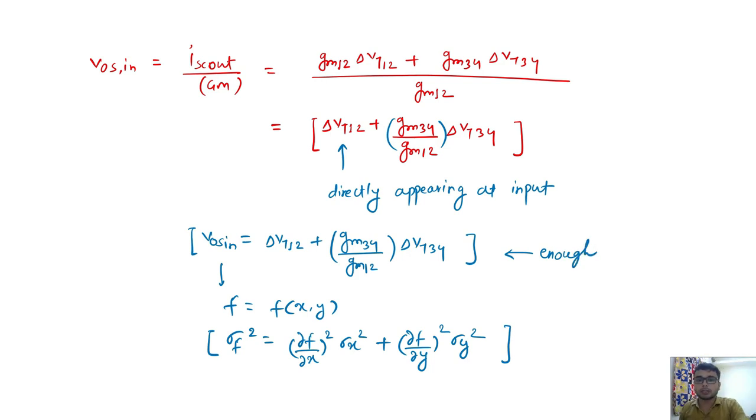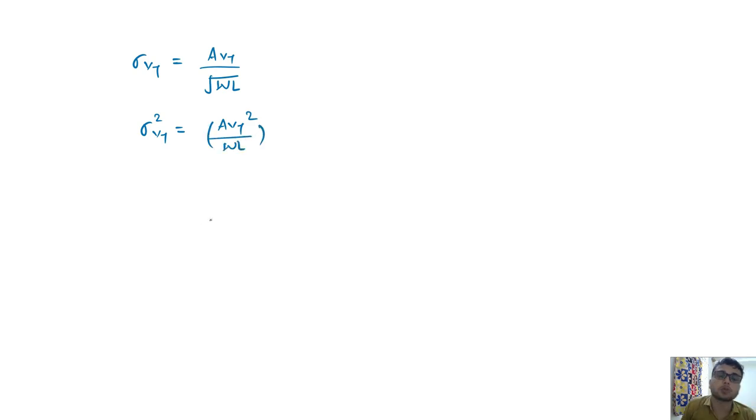If we want more, then how can we reduce this expression in terms of standard deviation? Because we know the standard deviation of del VT, or sigma, is nothing but A_VT over root of area, which is WL, or for any VT it can be A_VT squared by WL. This is the total expression.